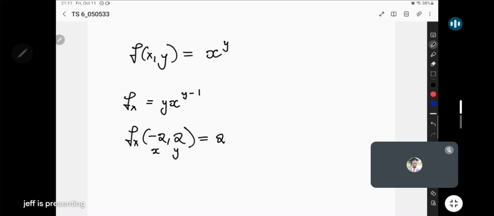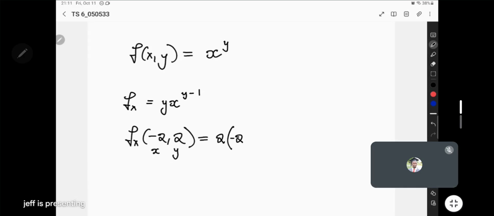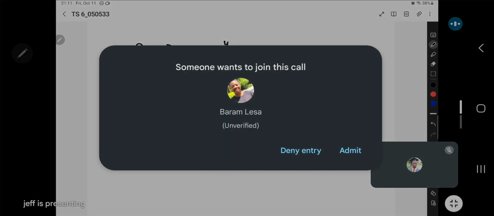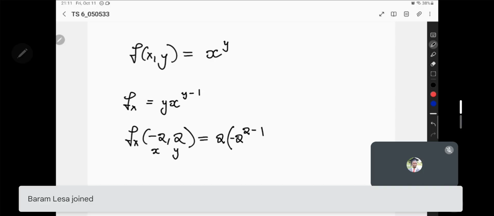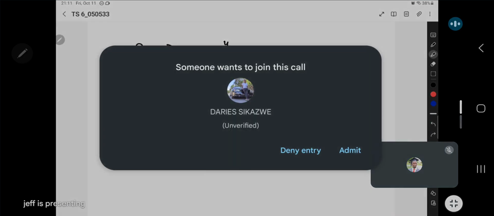So I have a 2 here, and then we have x here, where there's x, we're putting negative 2. And then we have negative 2 to the power 2 minus 1. I hope you're seeing this, where there's x, I'm putting negative 2.